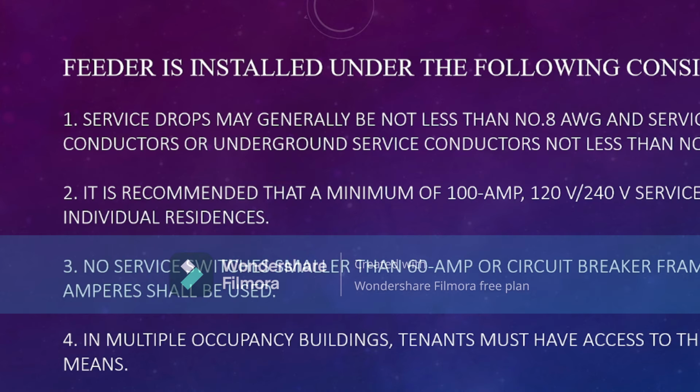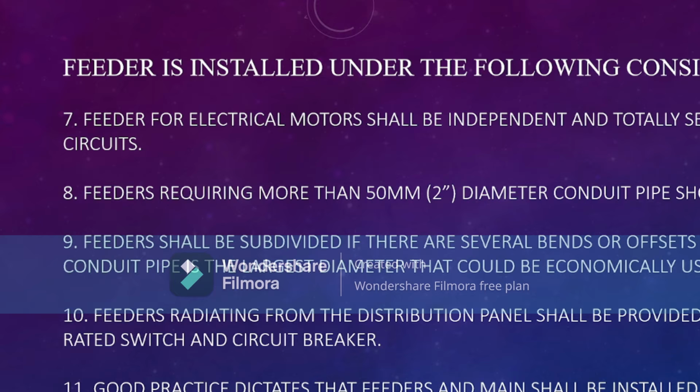Number 5, on large installations, each floor is provided with one feeder. Number 6, in small installations, one or two feeders is satisfactory. Number 7, feeders for electric motors shall be independent and totally separated from the light circuits.